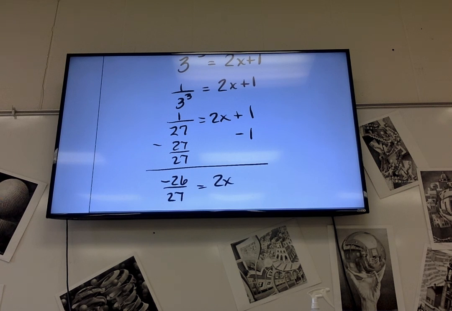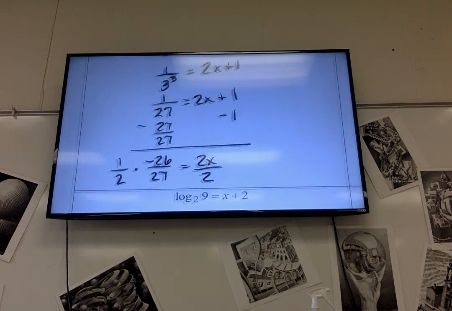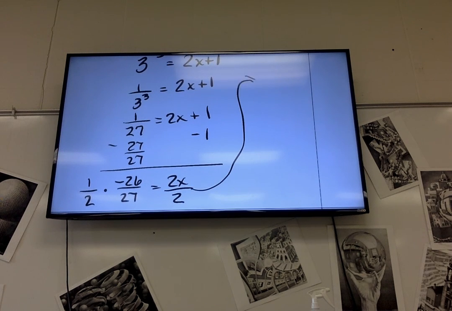Equals 2x. Divide by 2. Same thing as multiplying by 1/2, right? Dividing by 2 is the same as multiplying by 1/2. So I end up with negative, I can cross cancel here. This 2 goes into 26 13 times. So I got negative 13 over 27 equals x.